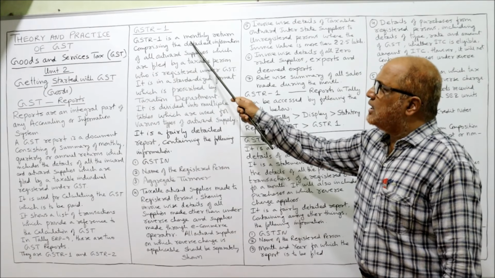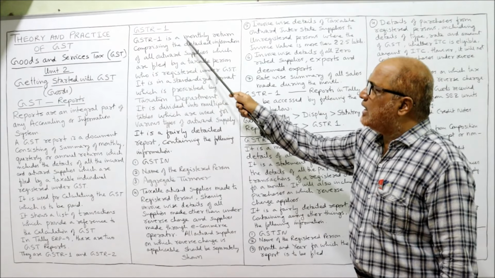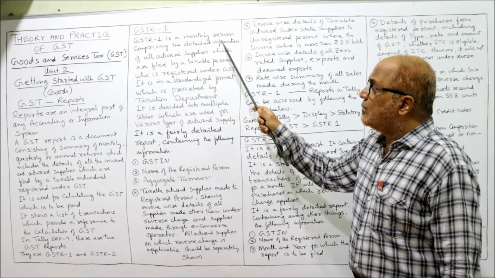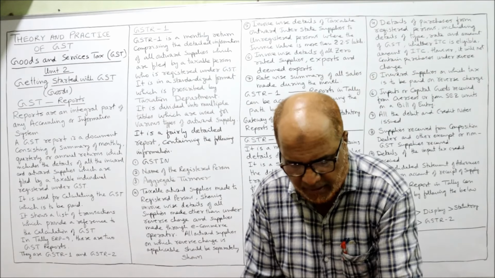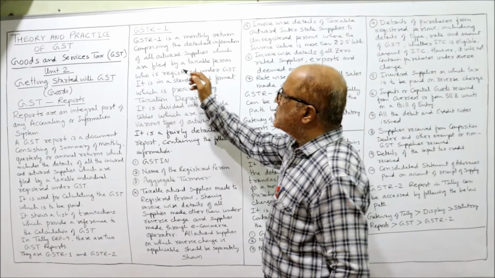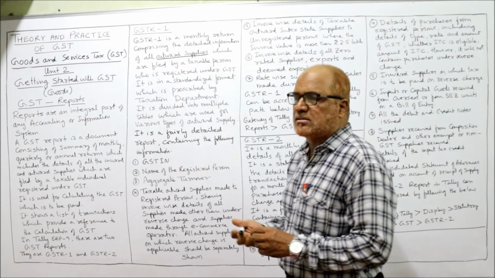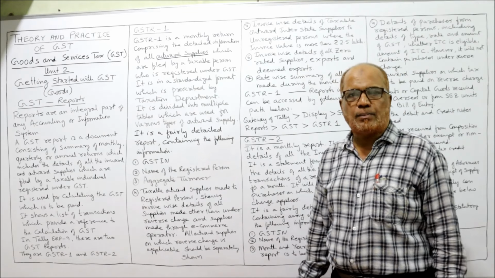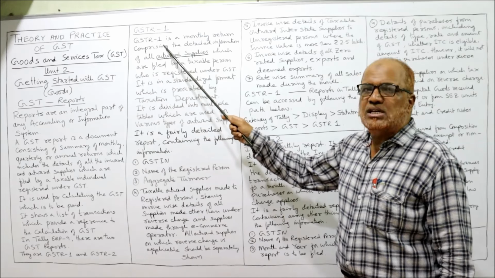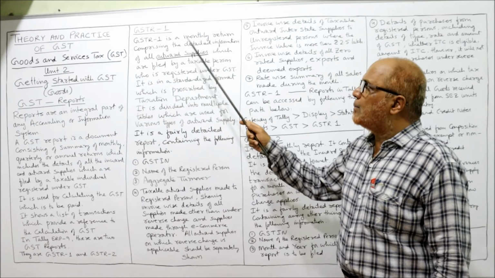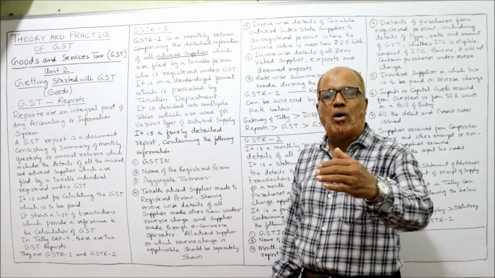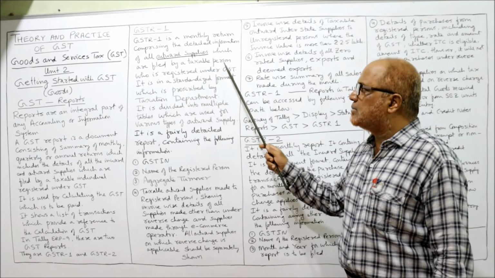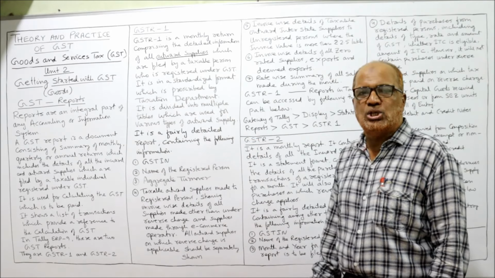First of all, GSTR1 is a monthly return comprising the detailed information of all outward supplies. So remember this word, outward supplies. Outward supplies means sales. So here GSTR1 is a monthly return comprising the detailed information of all outward supplies, which is filed by a taxable person who is registered under GST.